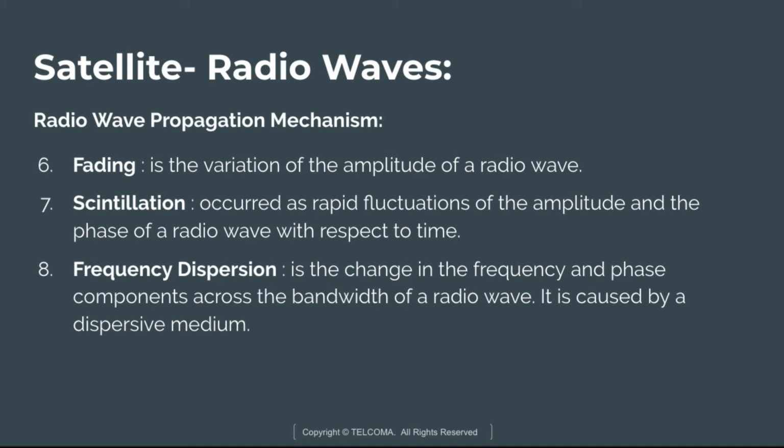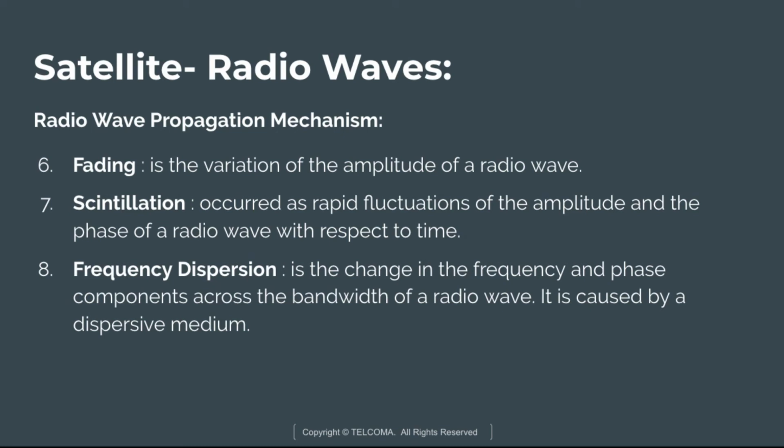Scintillation is caused by change in the transmission path with time. The terms fading and scintillation are interchangeable. However, fading is usually used to describe slower time variation on the order of seconds or minutes, whereas scintillation refers to more rapid variation on the order of fractions of a second in duration.